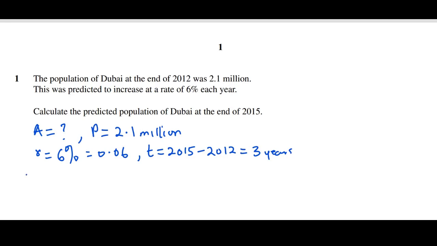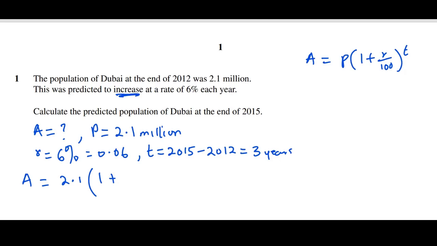The new value or new population is going to give us 2.1, the old population. Remember, we are using this formula here. We have this. So that will work, any of the two. So we can have 1 plus, since it's increasing, we use addition here.